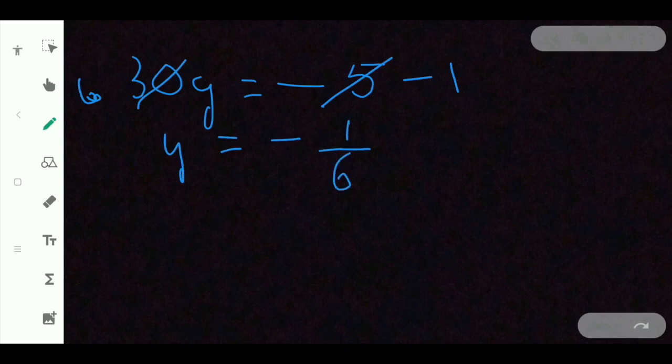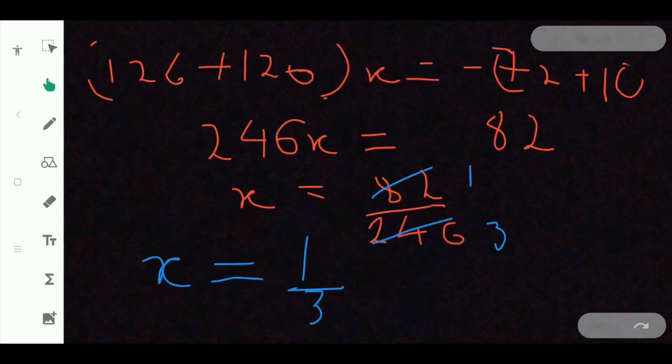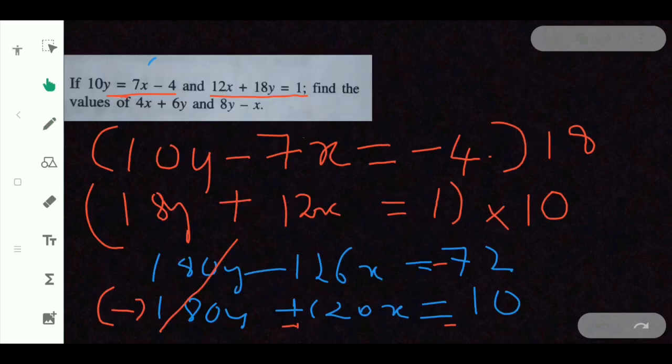So let us substitute this y value and x value in the expression given in the question, that is 4x plus 6y and 8y minus x.